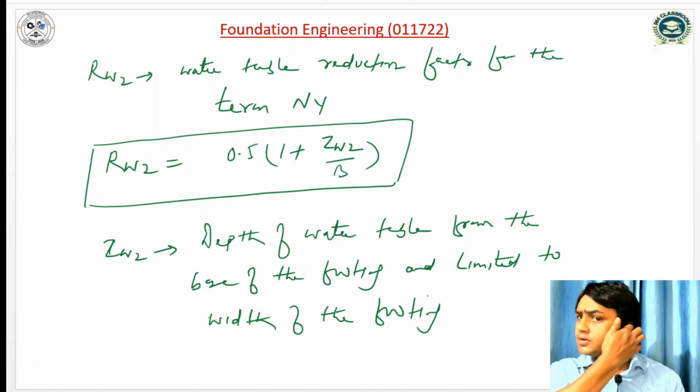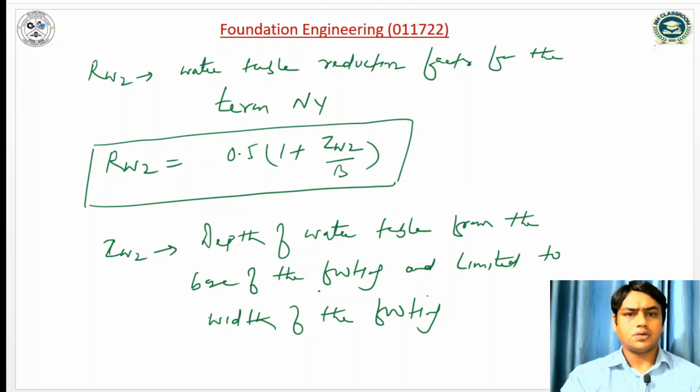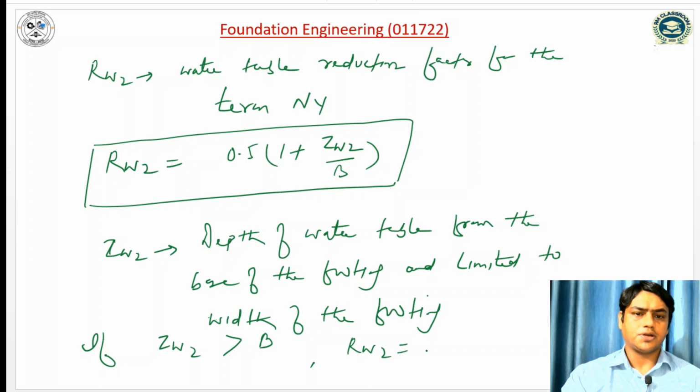Means if ZW2 is greater than B, then the value of the water table reduction factor for the term N gamma is 0.5.